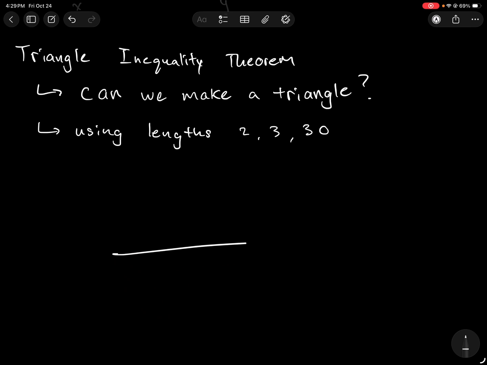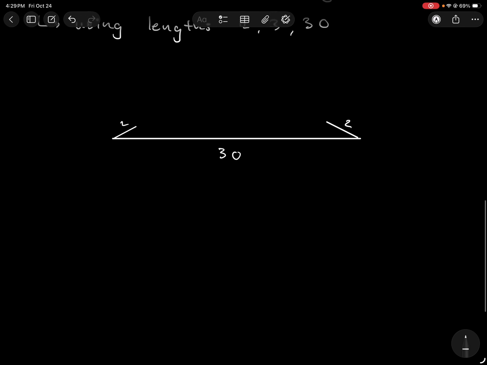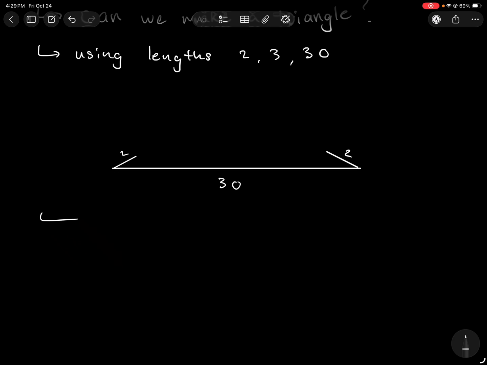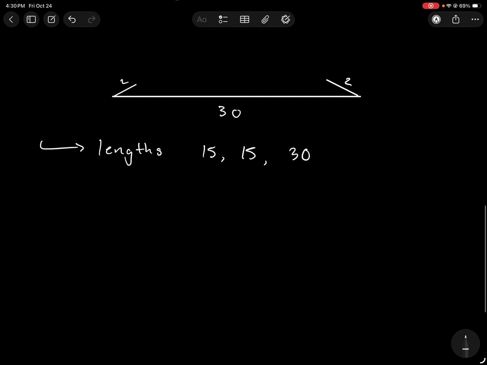So this would end up looking like I have a super long line. This is 30. And then I have two more lines that are too short. And I cannot complete this triangle because these two sides are too short. So these two shorter sides cannot meet, and therefore we cannot make a triangle. Okay, so if we extend these lines out a little bit more and maybe use lengths something like 15, 15, and 30, it would seem as if they should be able to meet.